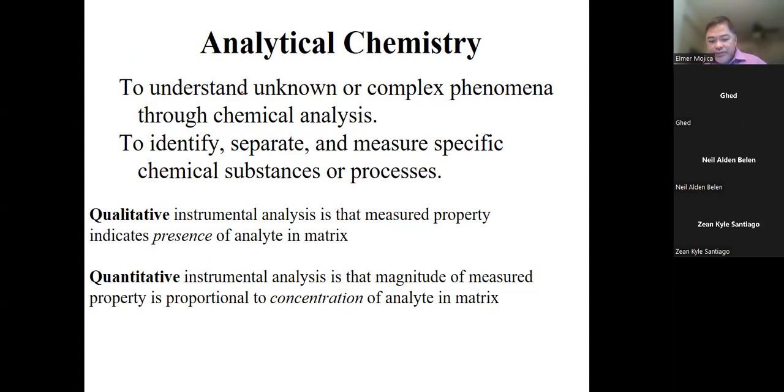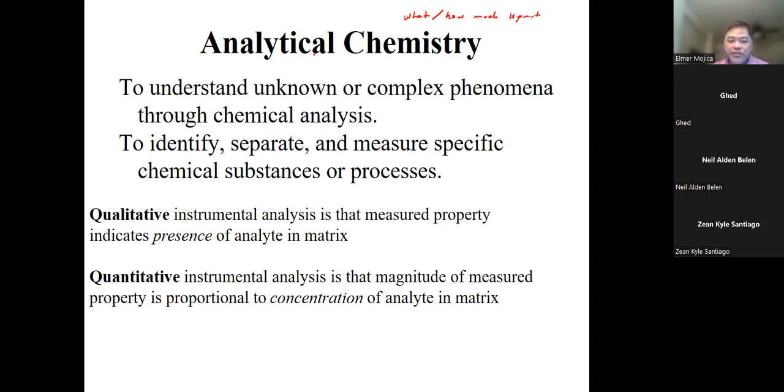This analytical chemistry that we started during Chem 32, we use it to understand unknown or complex phenomena through chemical analysis. If we're going to ask what analytical chemistry is, that's what analytical chemists do. It usually answers the question, what is present and how much is present.